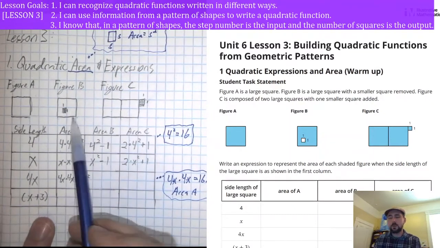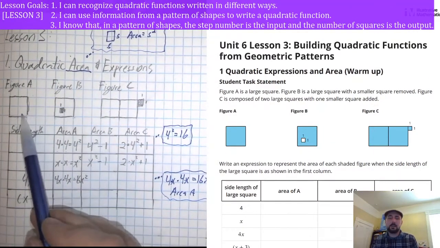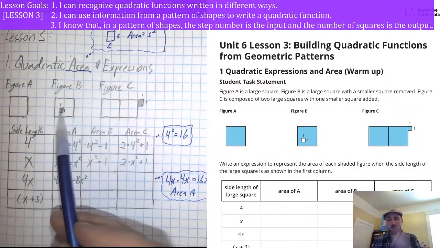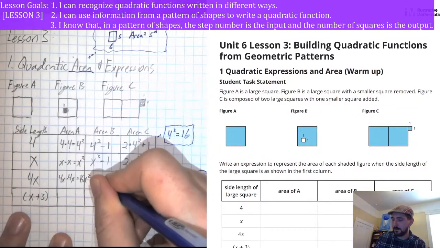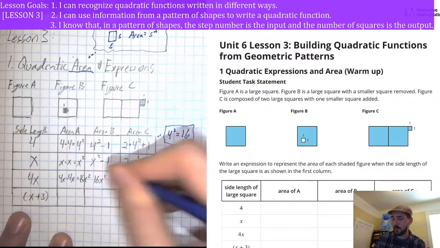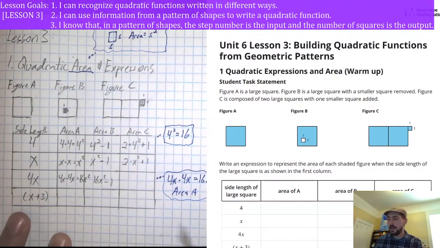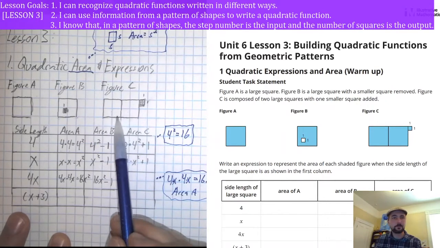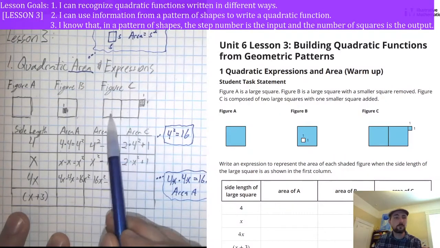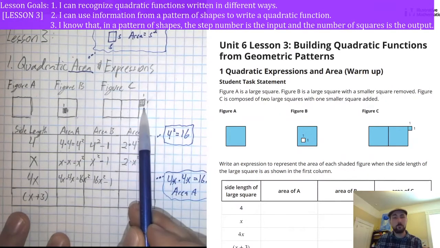Area B, well, remember what we've been saying. Area B is basically area A minus 1. So that's easy enough. 16x squared minus 1. And figure C is 2 figure A's plus 1.